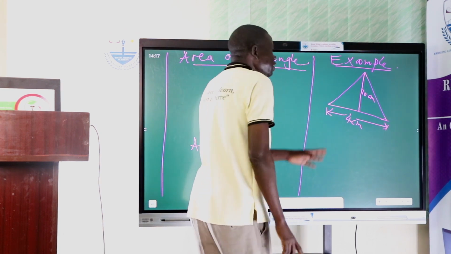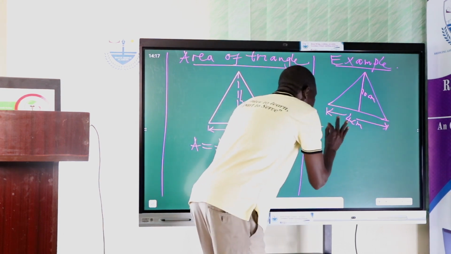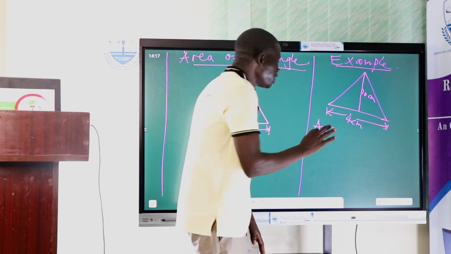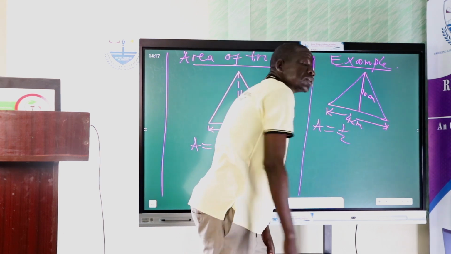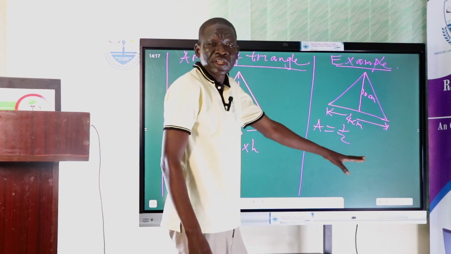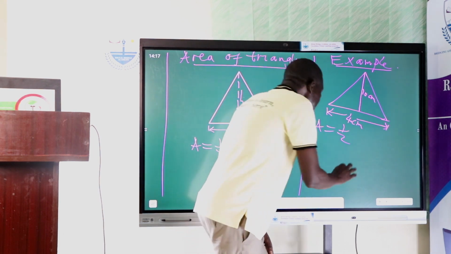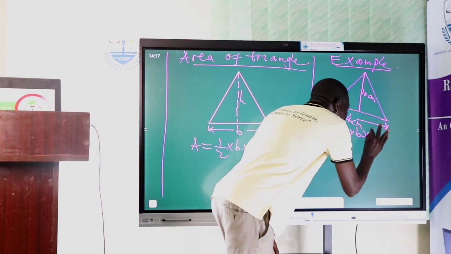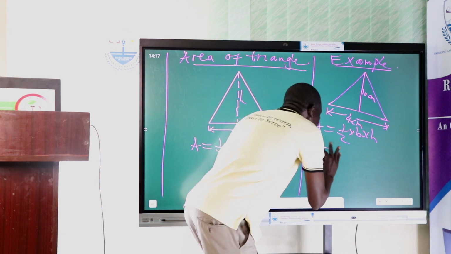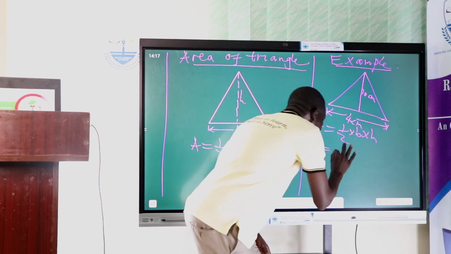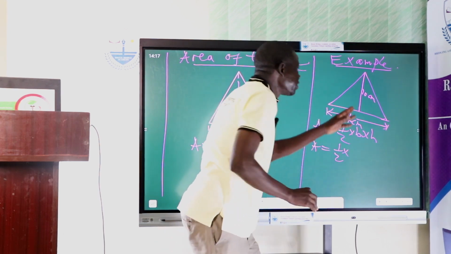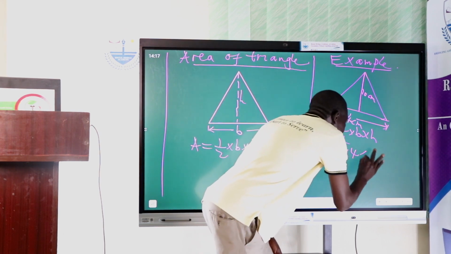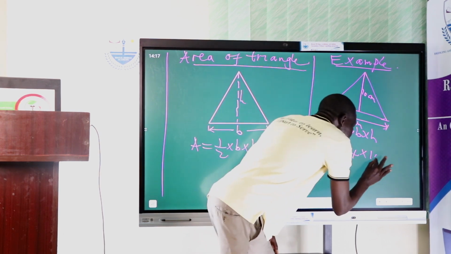We can find the area. So that we get area is equal to, from the formula of the triangle, a half times base times the height, whereby the area will give us now a half times our base, which is 4, times the height, which is 10.